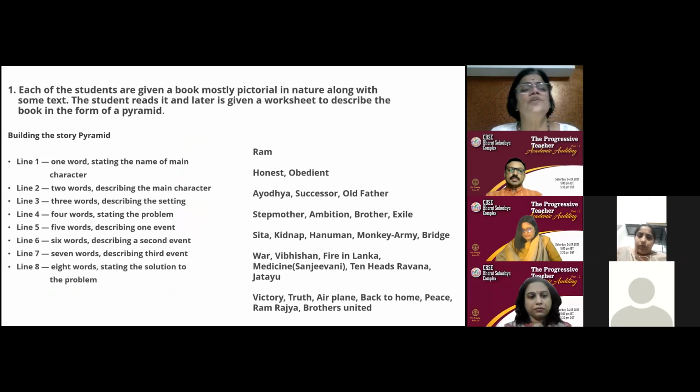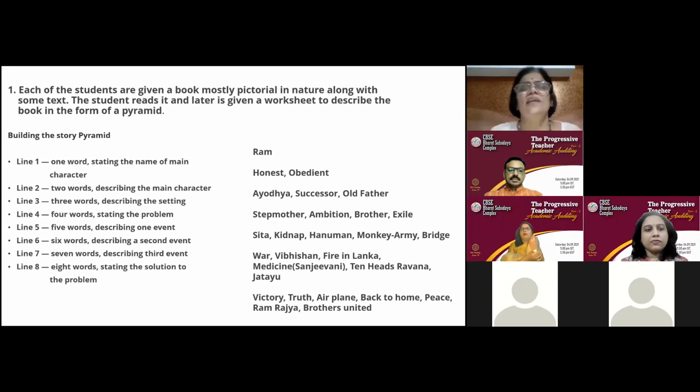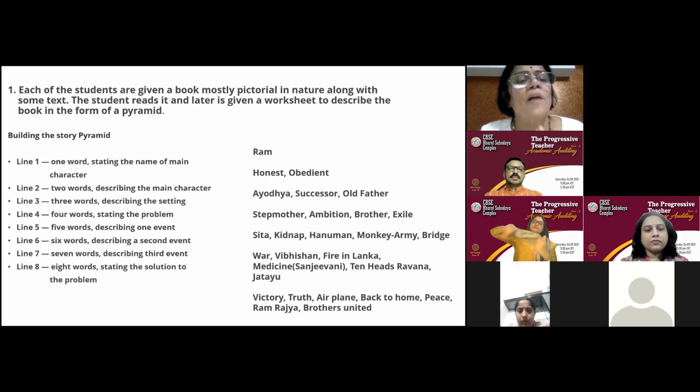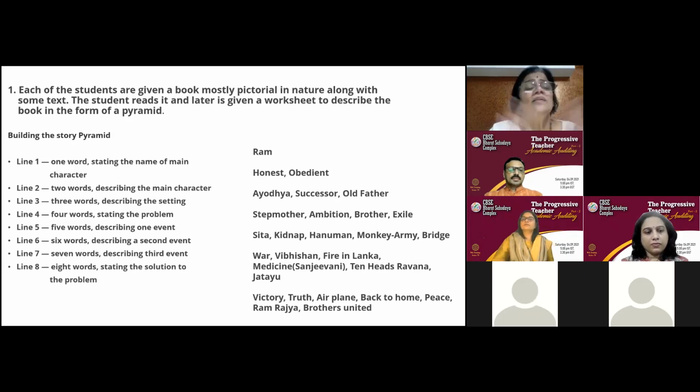See, what you need to do is give a book to each student. The student reads it, a worksheet is given to the student, and the description is done in the form of a pyramid. I've given the example on the right-hand side, and on the left-hand side is how you will build the pyramid.